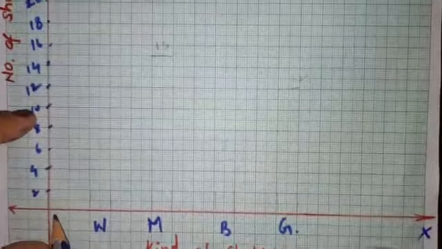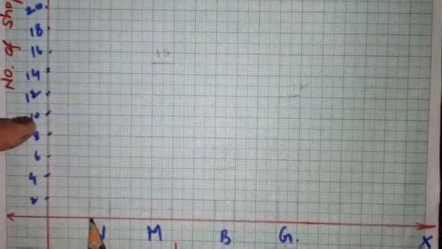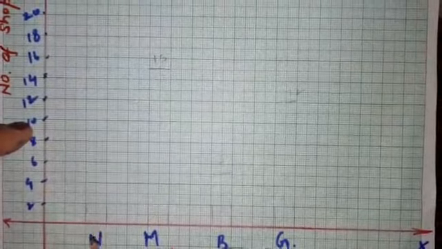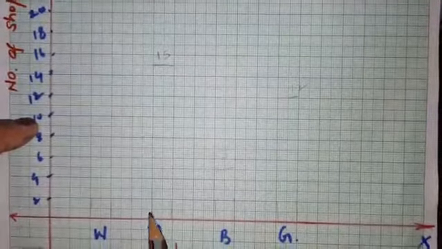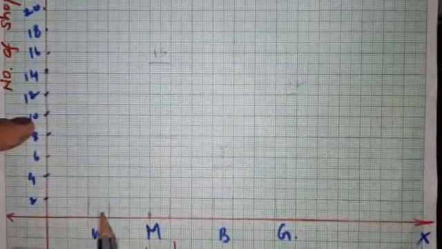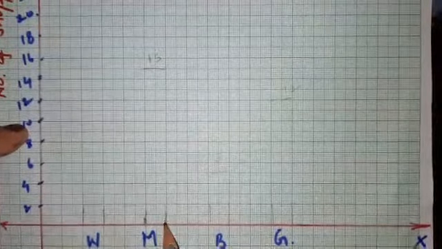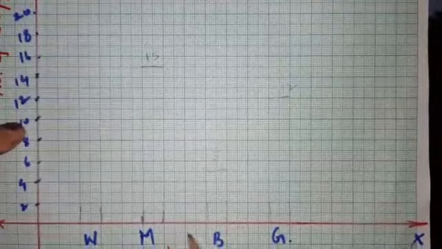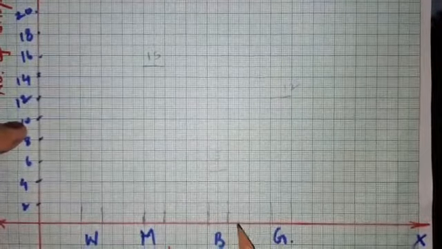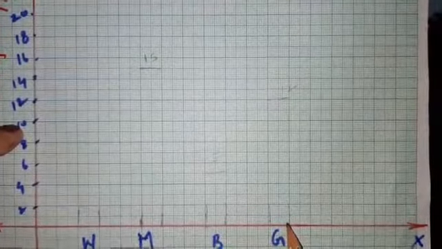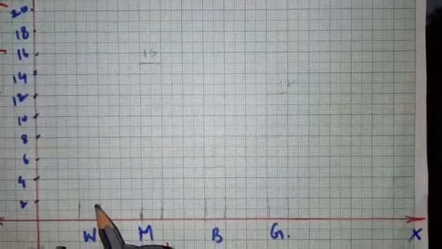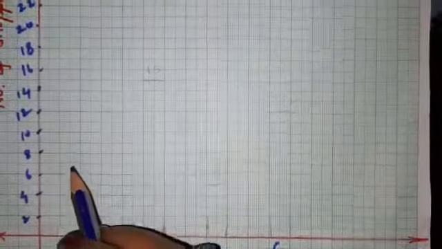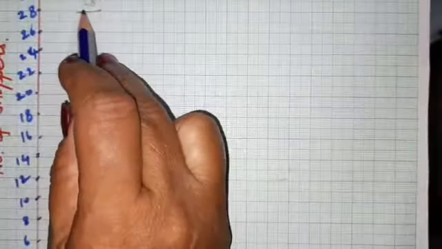After 2 centimeters, put one name of shopper, that is, after 2 centimeters put W, again after 2 centimeters put M, and mark the boundary of the graph. After 2 centimeters again B, and after 2 centimeters again G. For W it is 28 according to the table. So we will put the line at number 28 and then draw the bar.